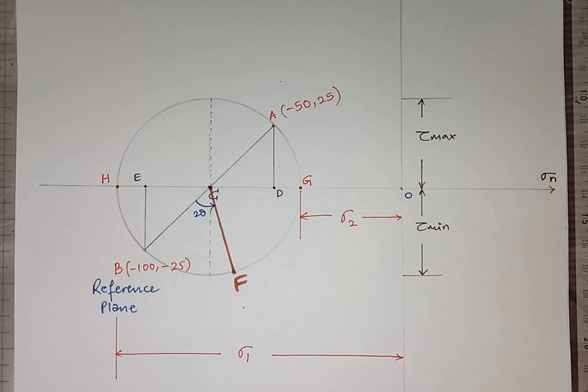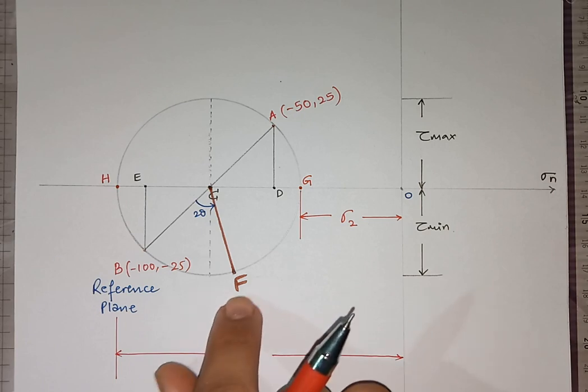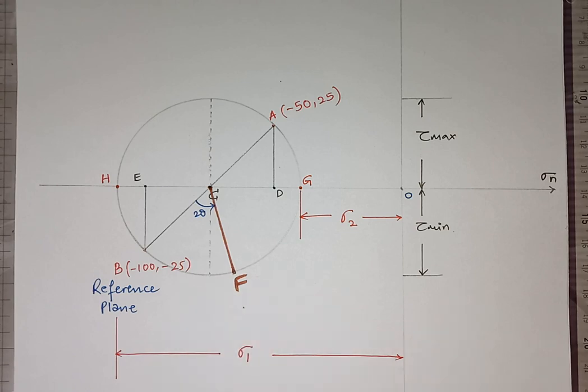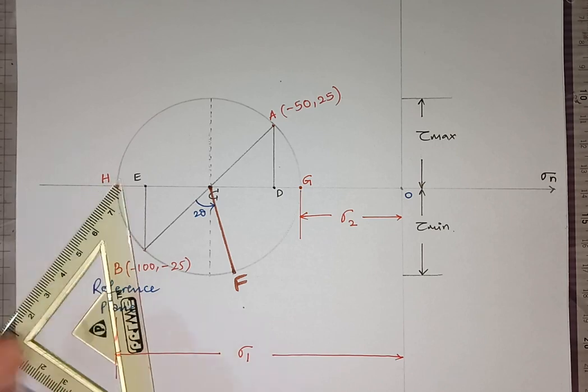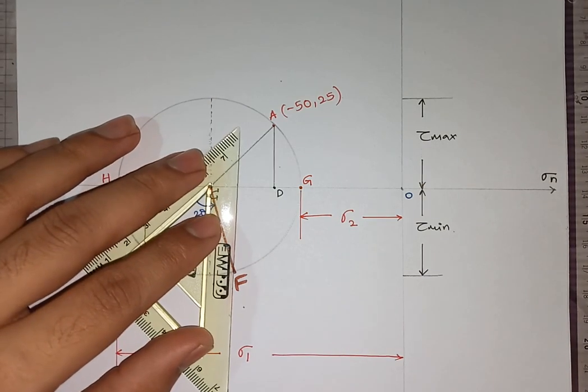Now let us find out sigma n and tau on this oblique plane. In order to find the sigma n and tau on this oblique plane, I need to drop a perpendicular from point F such that it goes and reaches sigma n axis.